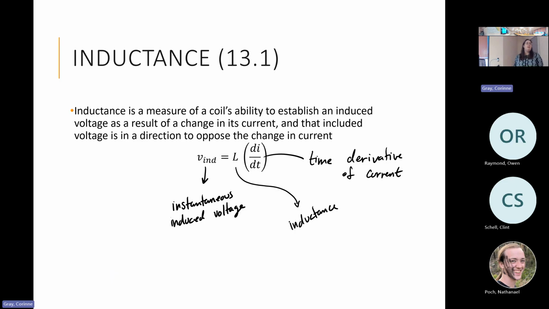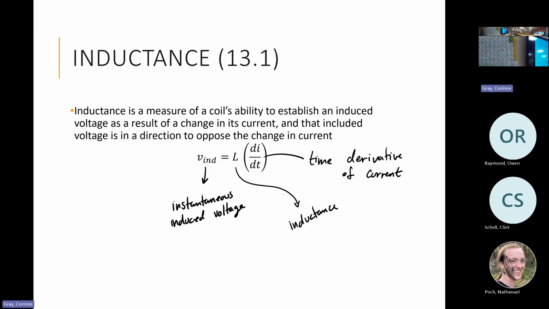Sometimes you'll see it with a capital I, sometimes with a lowercase i. It's all going to depend on whether we have an AC or a DC source. So our equation, two numbers, and now we have a derivative inside of it.